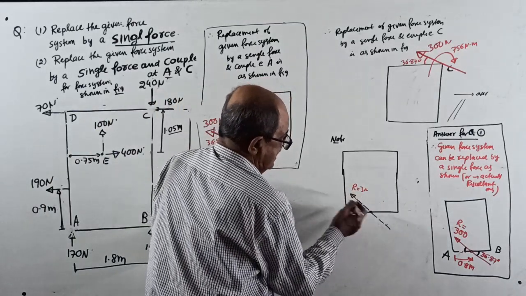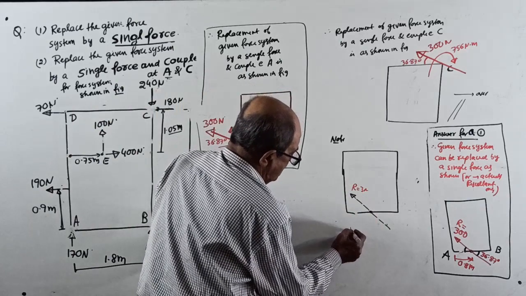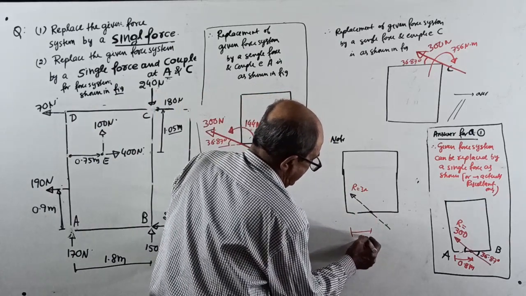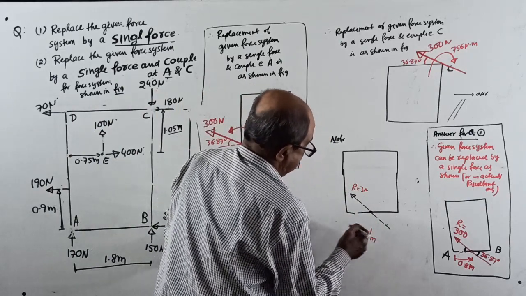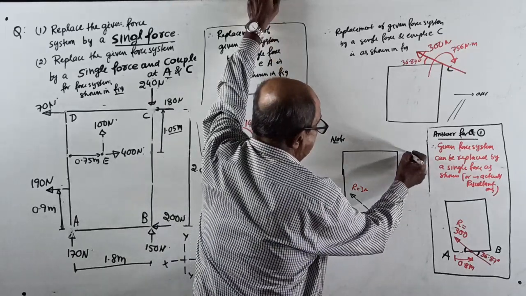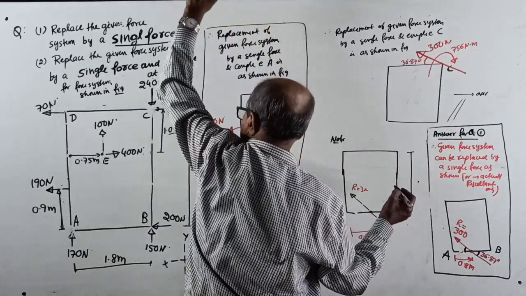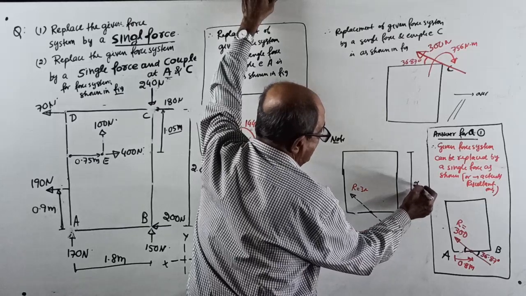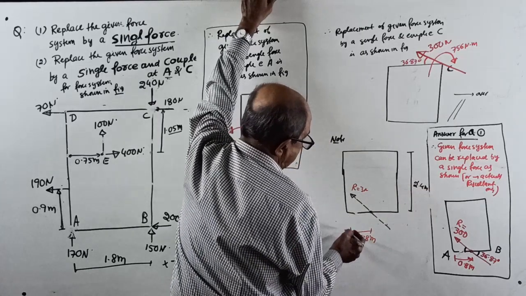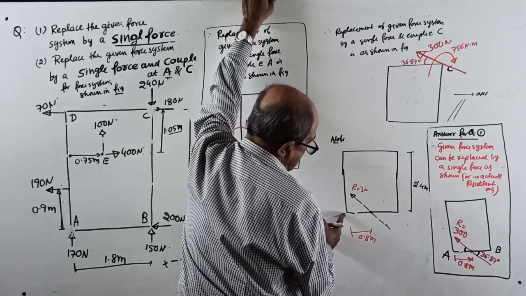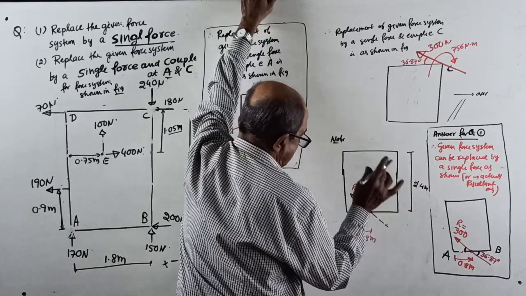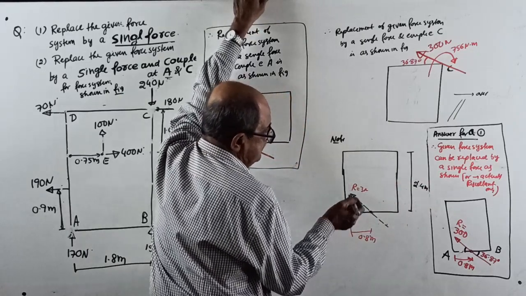Angle is known to you. But the distance from here is how much? This is 0.8 meter. And this height is 2.4 meter. This full base is not required. And the height is 1 meter.